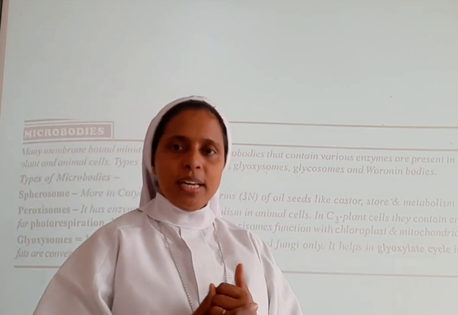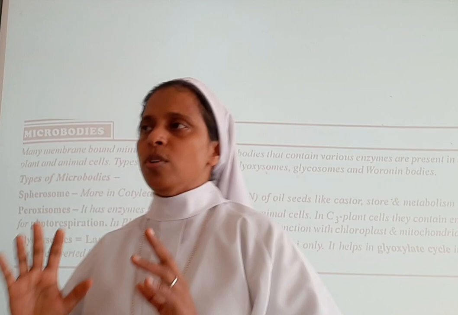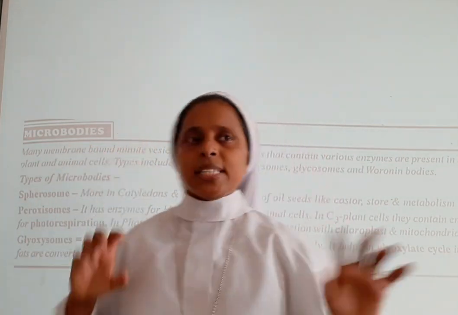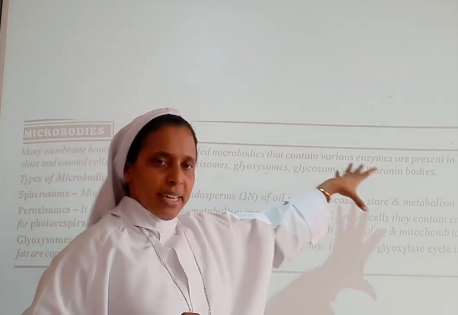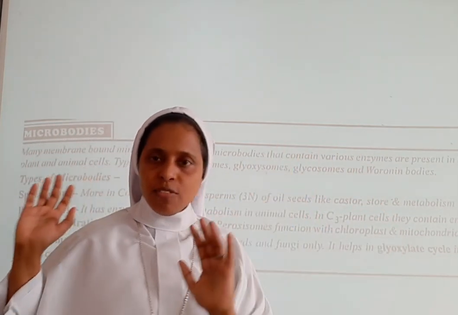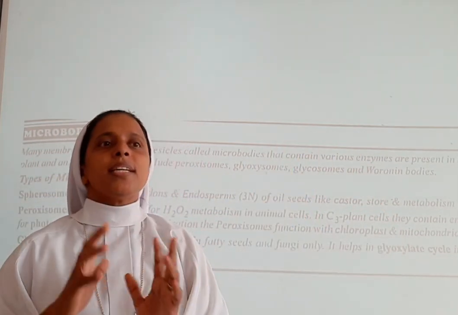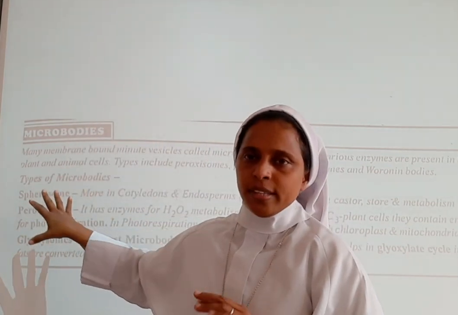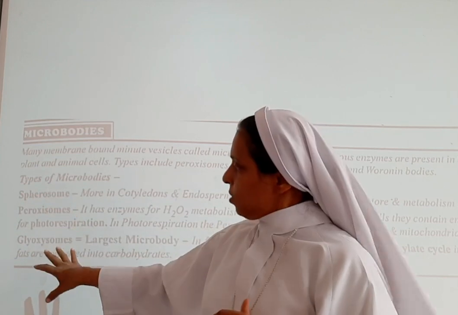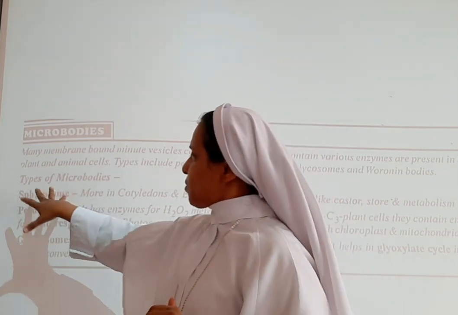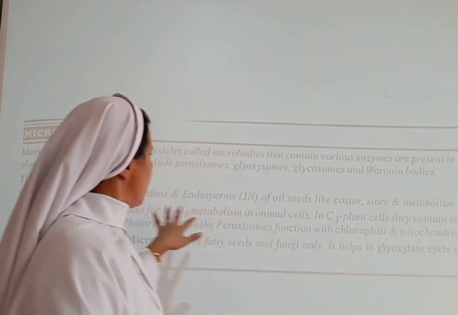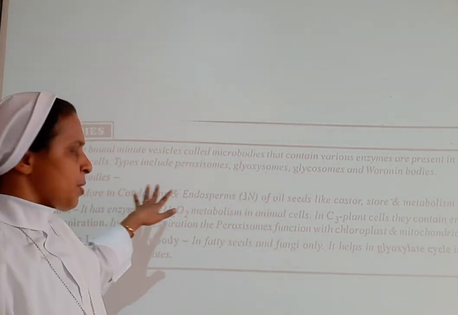So what are microbodies? They are membrane bound and called vesicles. They contain various types of enzymes and are present in both plant cells and animal cells. They include spherosome, peroxisome and glyoxysome. Spherosome is present in the plants.